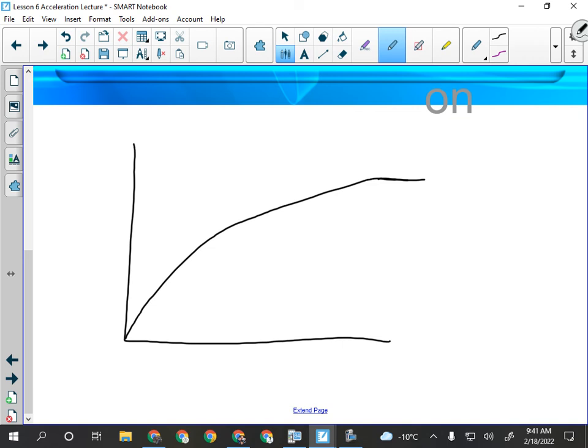Right? So even with an electronic car that would normally, if it was doing it in a vacuum, have a perfectly linear graph, it is going to start to plateau, okay? Because it is going to reach the speed where the electric motor simply can't turn any faster. All right, so this is not an example of uniform acceleration. A typical car has gears, and each gear does not pull as hard as the gear before.